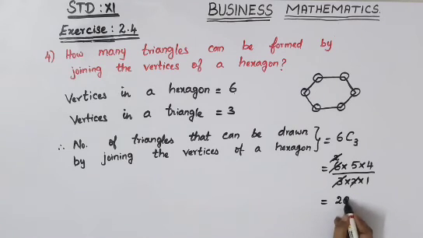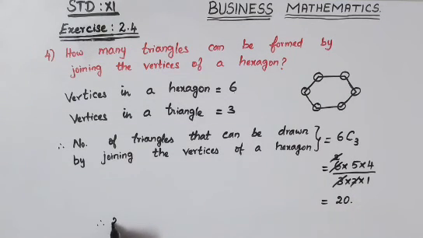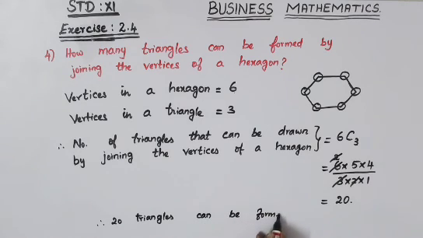So it is 5 4s are 20. Therefore 20 triangles can be formed from a hexagon. So this is the answer for your fourth question.